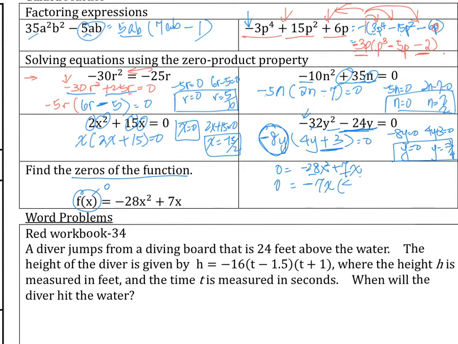And then here this would be 4x, so this would still make negative 28x squared. And then we would subtract 1, because negative 7x times negative 1 would give you positive 7x. Okay, and then now we can solve. x would equal 1/4.